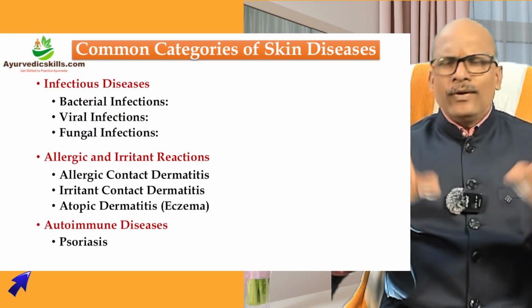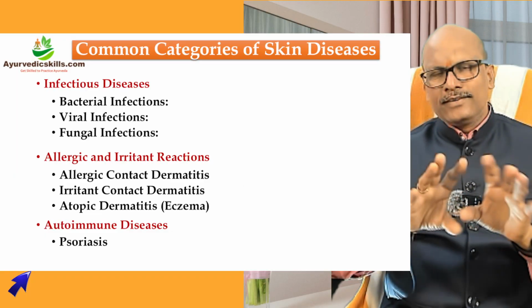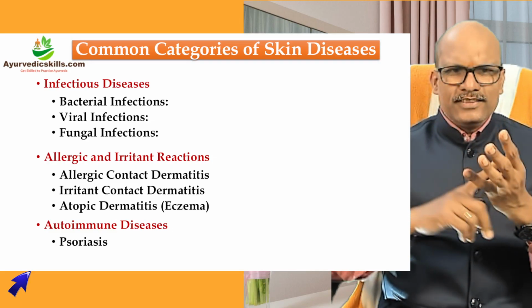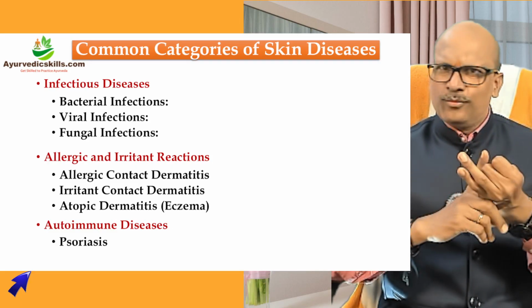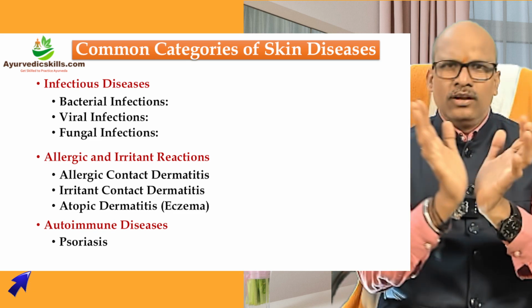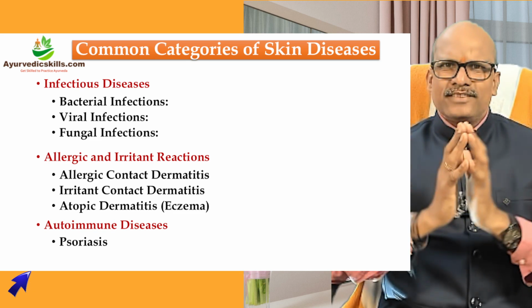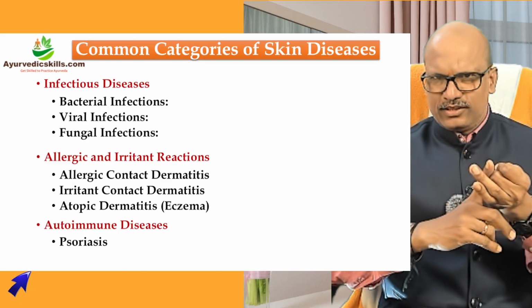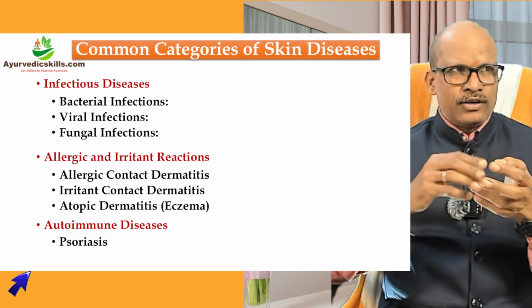So when we look into common skin diseases, we can put them under three categories: infectious skin disease, allergic skin disease, and autoimmune skin disease. Mostly all skin diseases fall under these categories. Infections include bacterial, viral, fungal, molluscum, or candida infections.